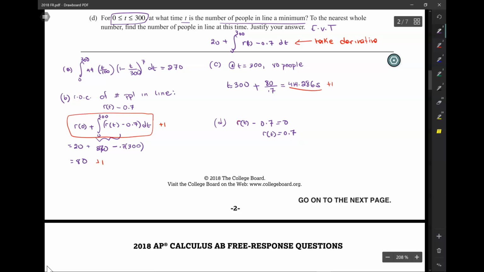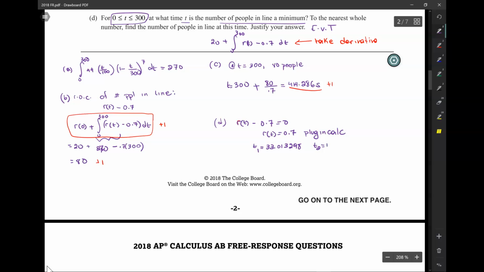You're going to plug this into your calculator. So t1, which happens twice, is 33.013298.